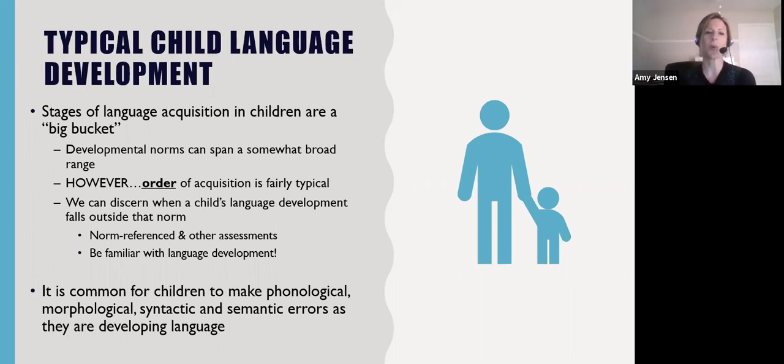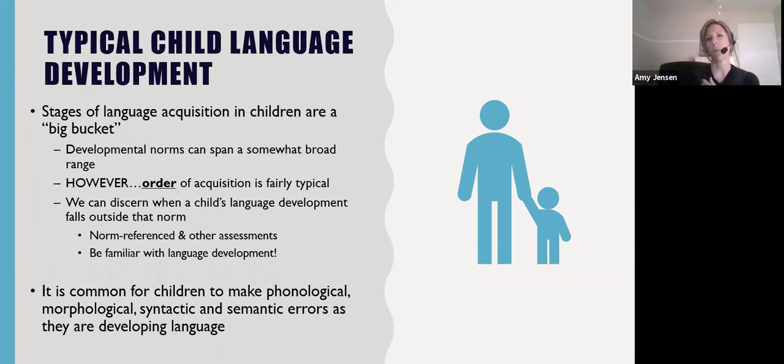But I just want to point out that the stages of language acquisition in children are kind of a big bucket, right? They're not necessarily these discrete timeframes that we sometimes think of, like babies have to speak their first word by 1 year. It's more like 9 to 15 months might be normal, but maybe if they're on the 15-month end and they've also got a few other red flags, then that might be concerning.